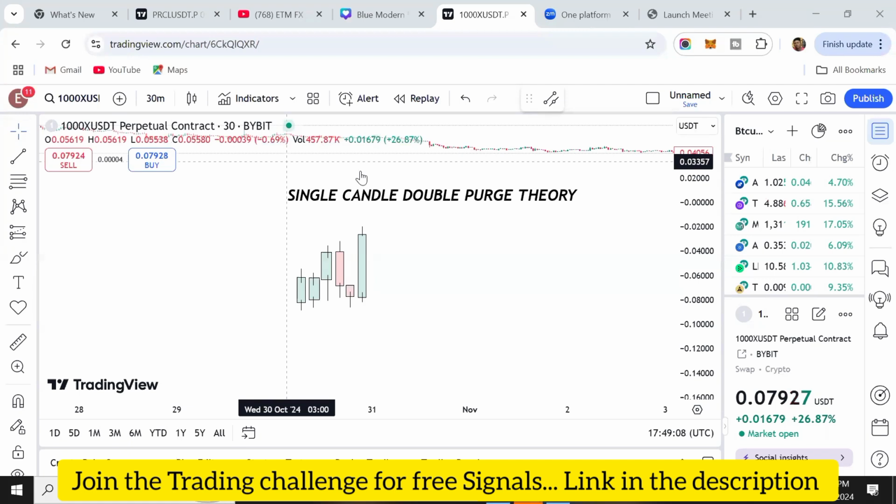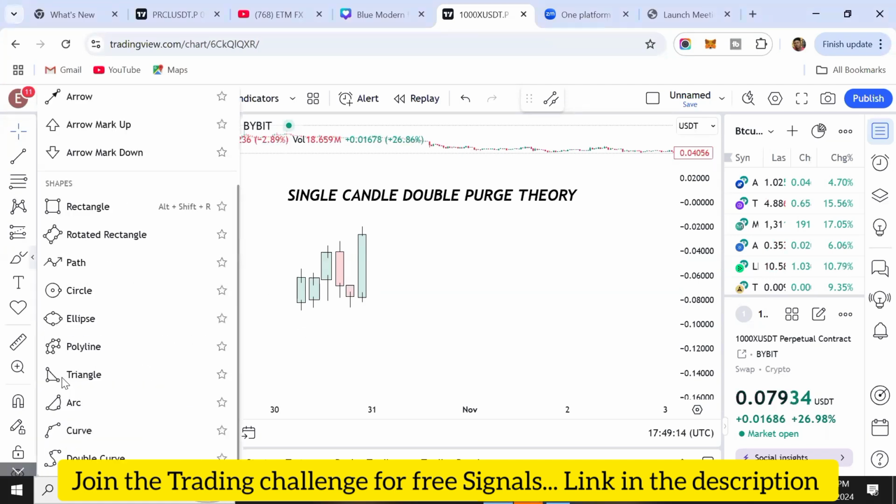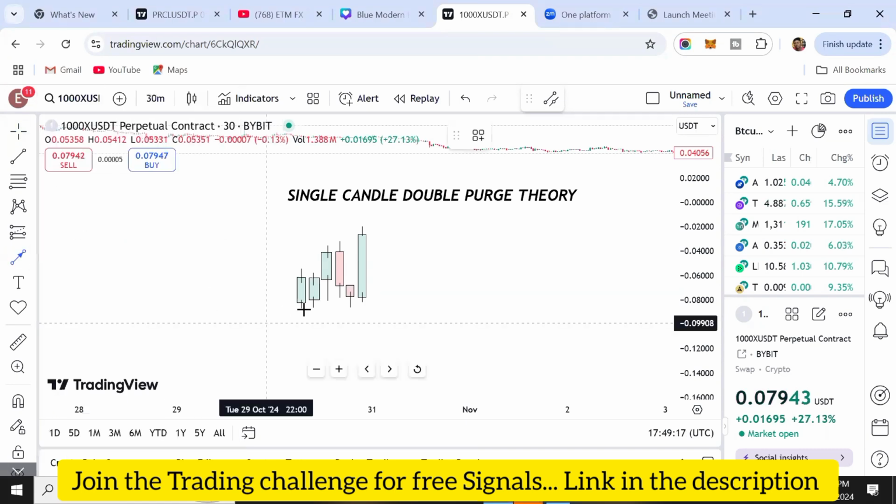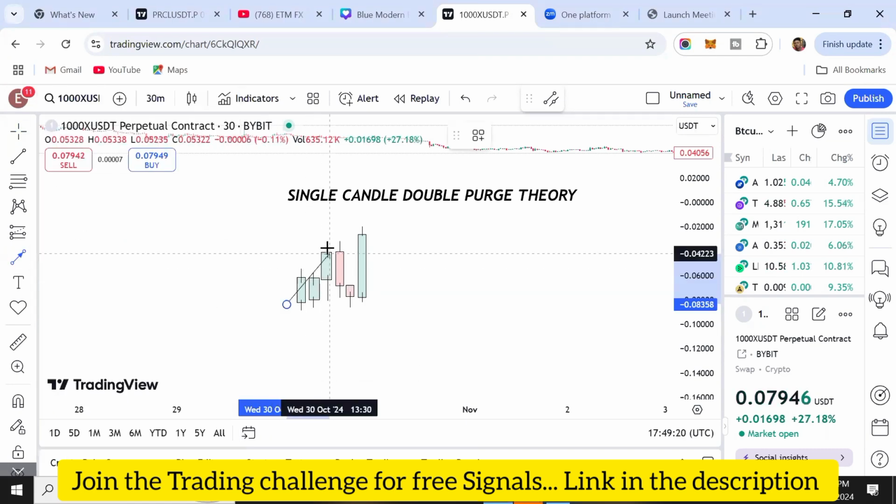So right here, we can see we have consecutive candles making higher highs. Let me just show you this. You see, these candles are making a higher high.